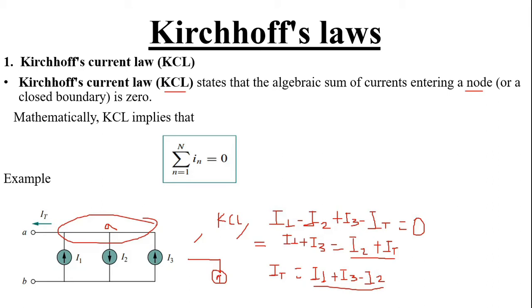This arrow indicates the current flowing as IT, so IT can be calculated as I1 plus I3 minus I2.